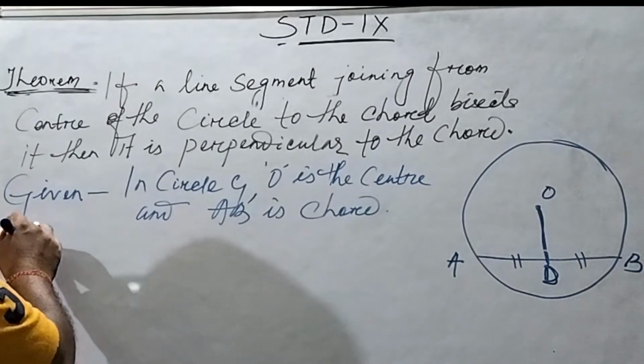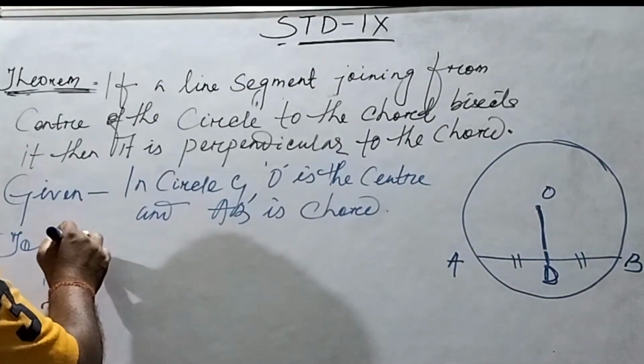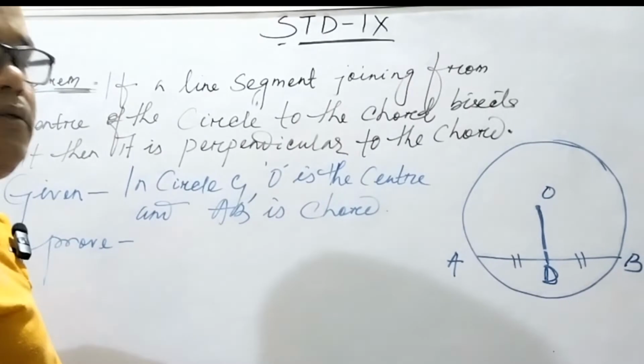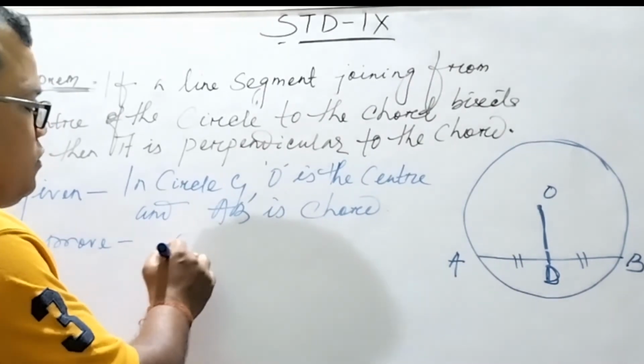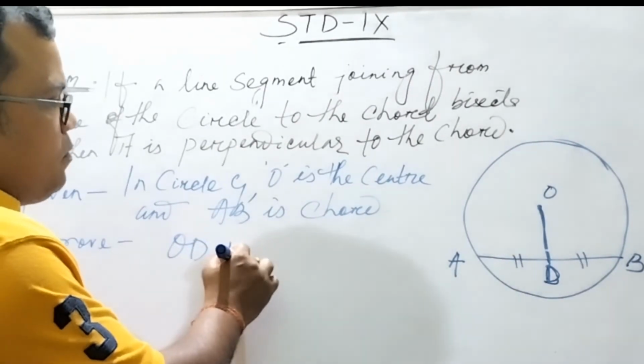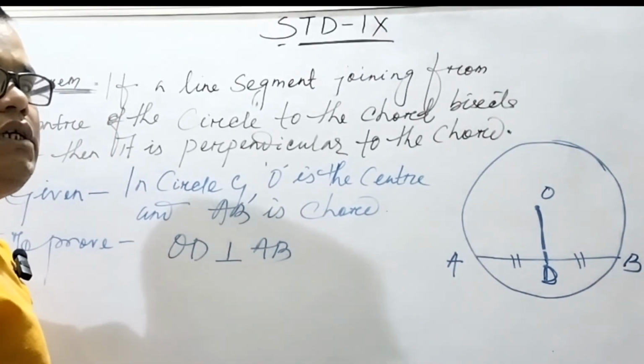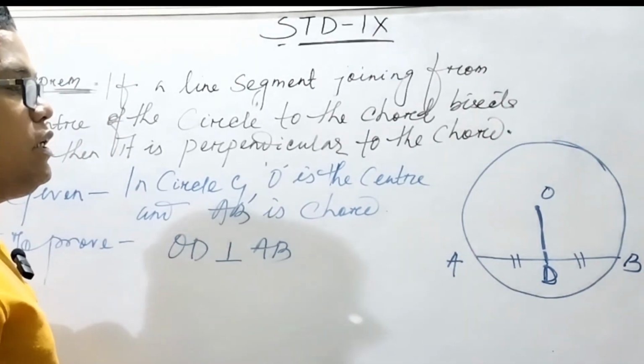To prove, what do we prove here? We'll prove here OD is perpendicular to AB.